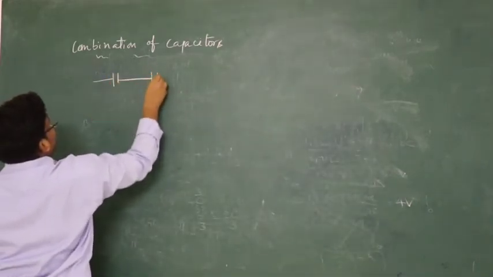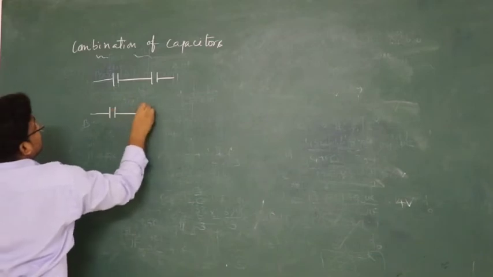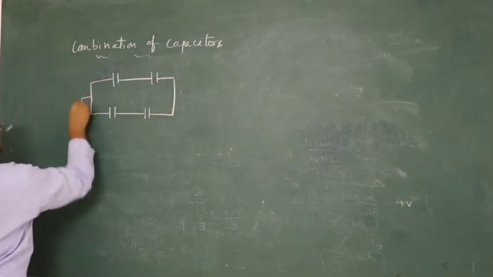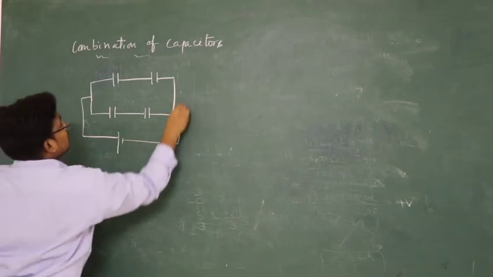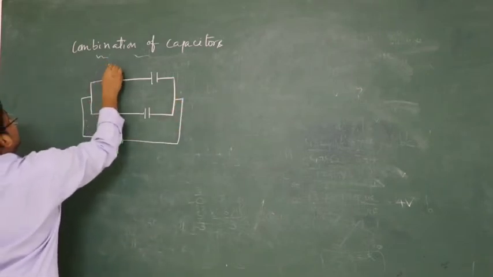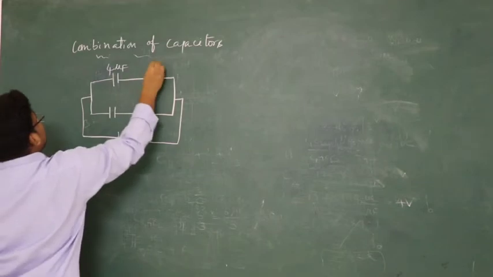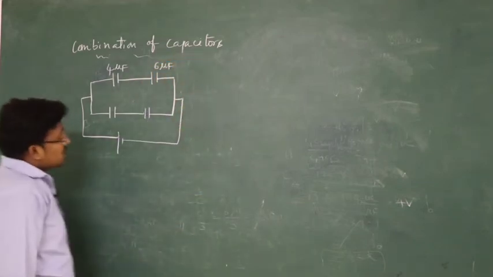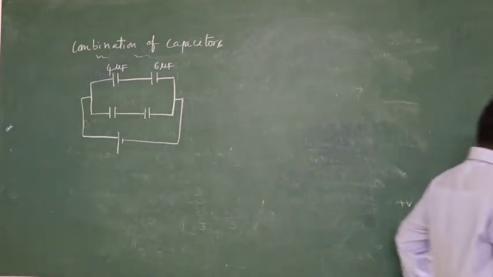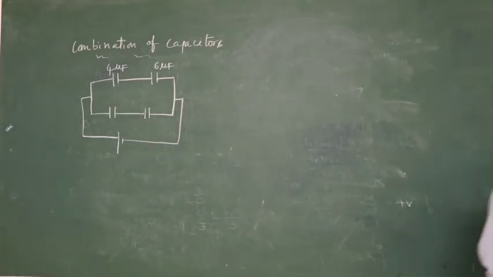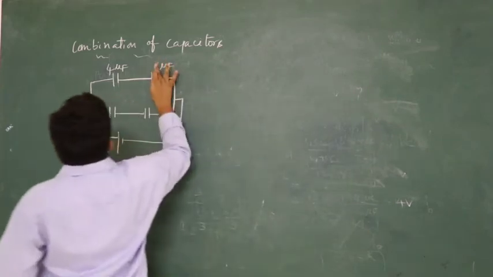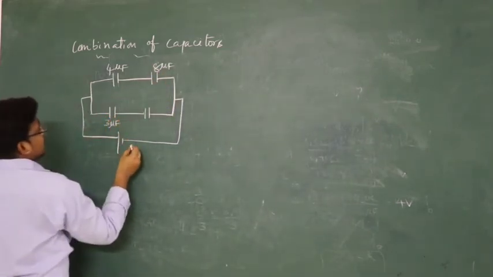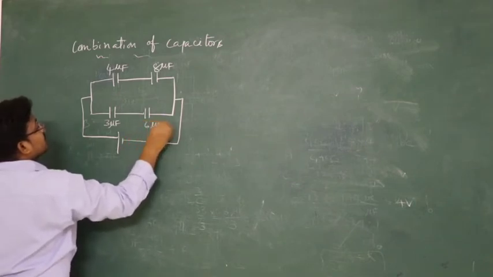There are 4 capacitors kept like this, and they are connected to the cell. So this is 4 microfarad and this is 6 microfarad. Then this is 8 microfarad, this is 3 microfarad and this is 6 microfarad.